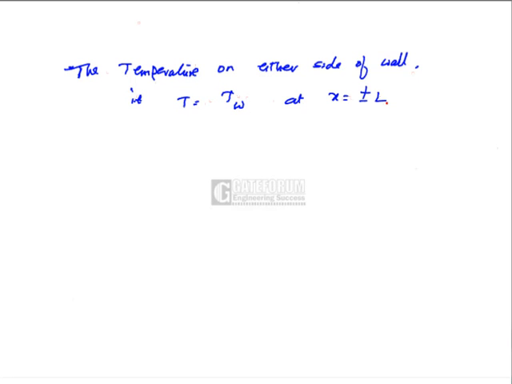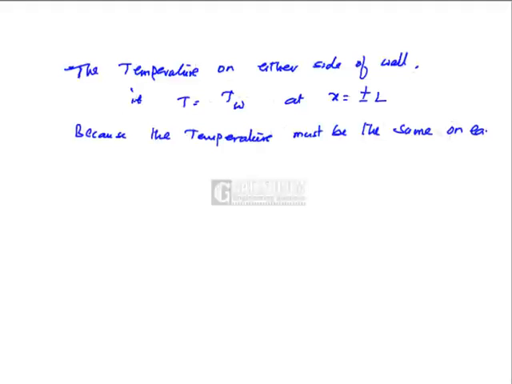That is, the temperature on either side of wall, that is T is equal to TW at x is equal to plus or minus L. Because the temperature must be the same on each side of wall, C1 should be equal to 0.